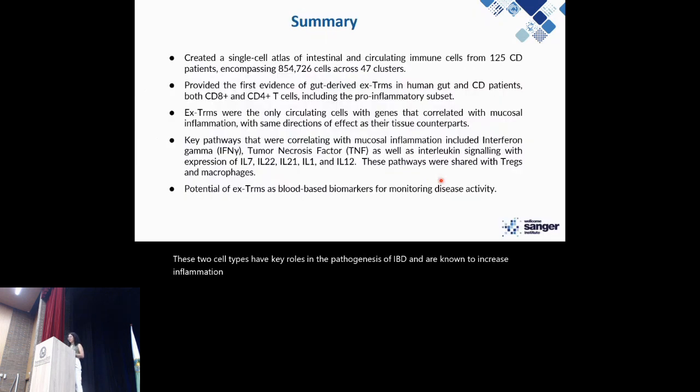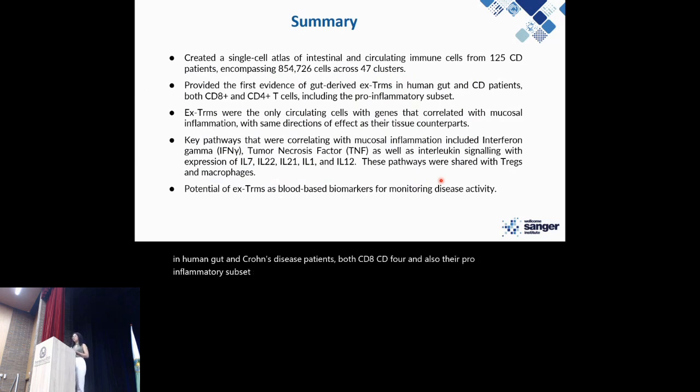So in summary, we created a single cell atlas of intestinal and circulating immune cells from 125 patients, encompassing almost 900,000 cells across 47 immune clusters. We provide the first evidence of gut-derived XTRMs in human gut and Crohn's disease patients, both CD8, CD4, and also the pro-inflammatory subset.